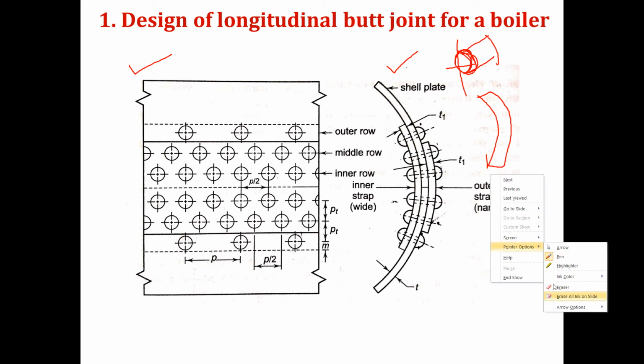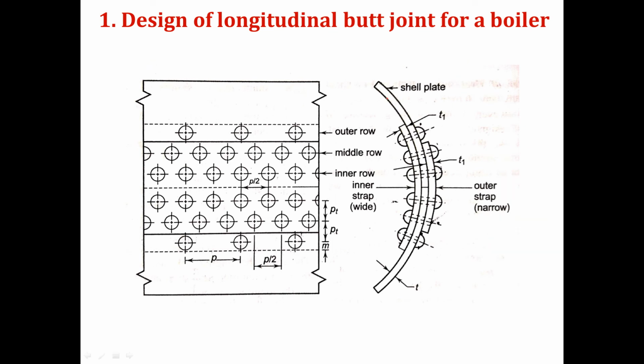So this is your shell plate, thickness of the boiler shell, denoted by symbol T. Since we know that inside this boiler steam is generated and the pressure of the steam is very high, we don't want any leakage of the steam from the boiler.